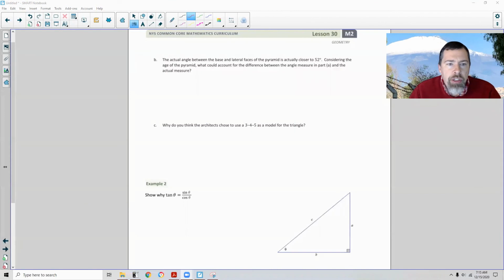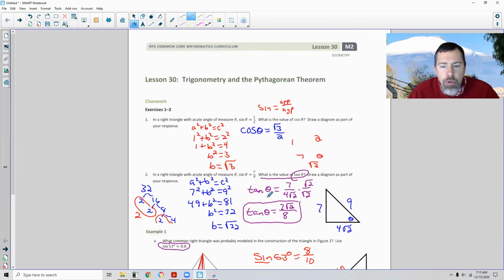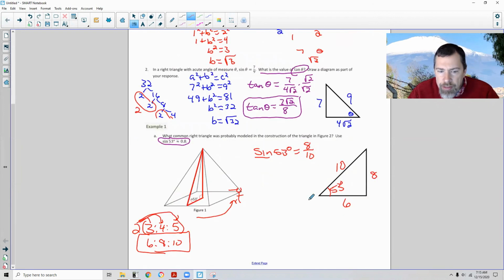Okay, page 2 brings us to part B. The actual angle between the base and the lateral faces of the pyramid is actually closer to 52 degrees. Considering the age of the pyramid, what could account for the difference between the angle measure in part A and the actual measure? So now let's go back to this. They're saying this is actually an old ancient pyramid, and the angle used to be 53, but now it's more like 52.